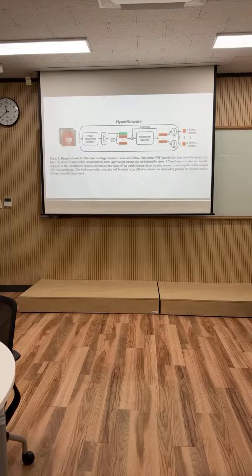Then they have a transformer decoder, which predicts weight 1 to weight n. The transformer decoder decodes the face features along with the weights attached in the training phase over multiple iterations, and finally the weight features are output.